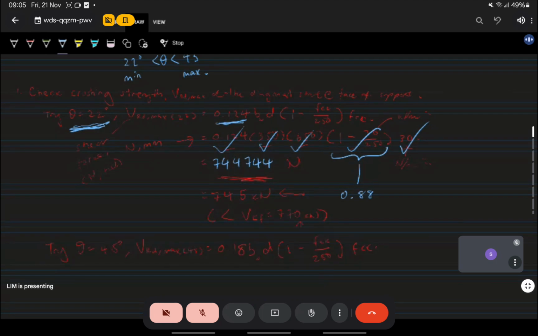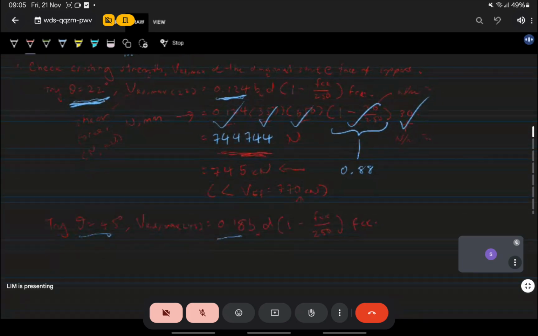The rest is the same. When you try 45 degrees, then it's 0.18. The rest is the same. The only difference between the two angles is the first number in front of the formula. Pay attention to this.